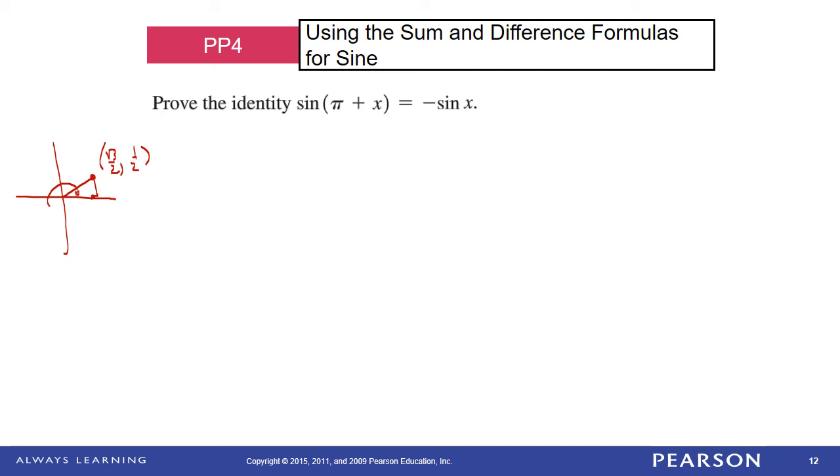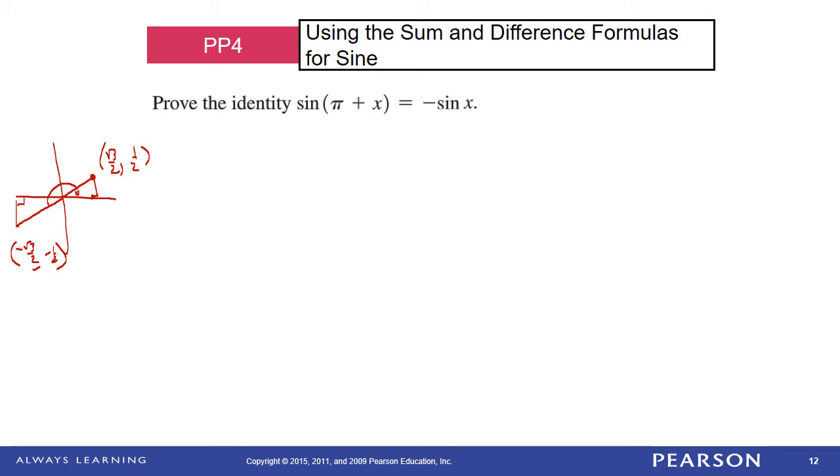And then I add exactly pi, exactly 180 degrees. The question is, is it going to give me the exact opposite of the y value? It sure will, because now you're in quadrant 3. Now both of them are opposites. And notice that 1/2 initially for the y value now becomes a negative 1/2.